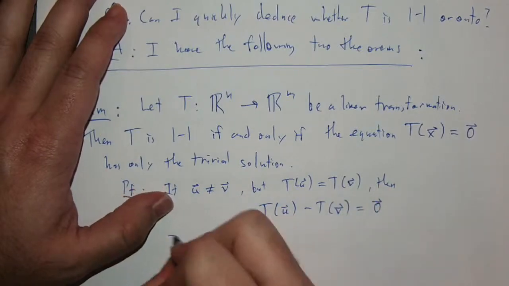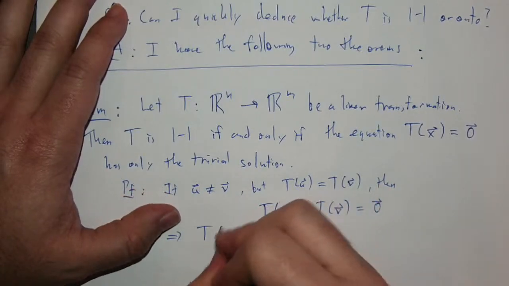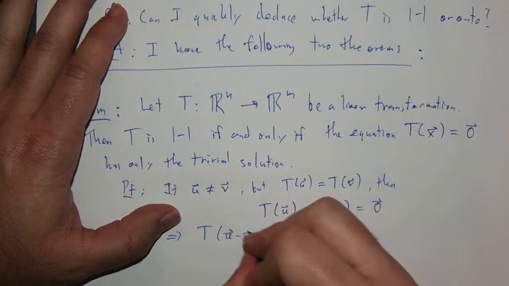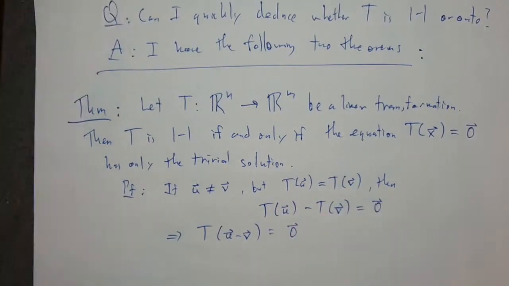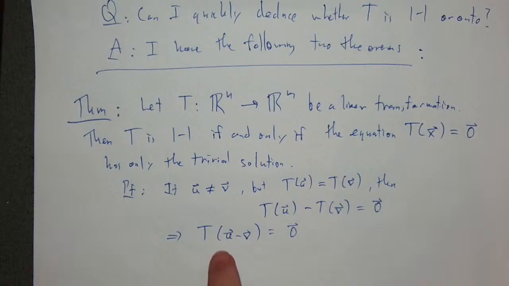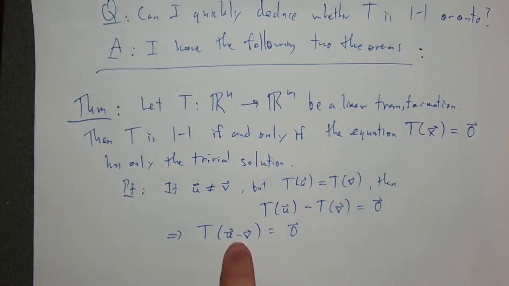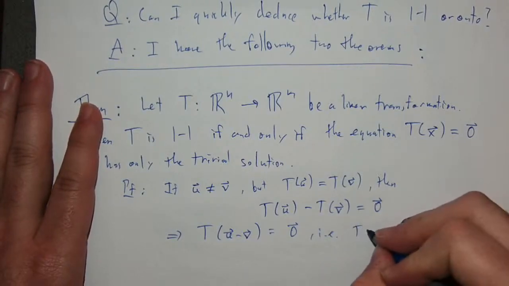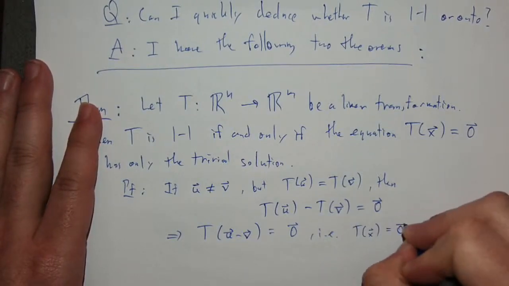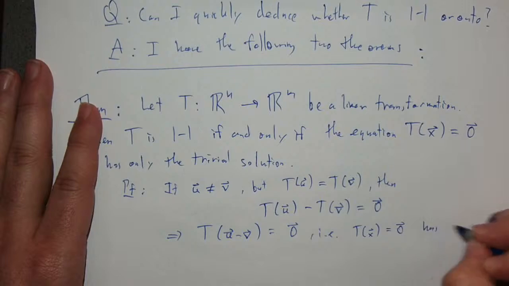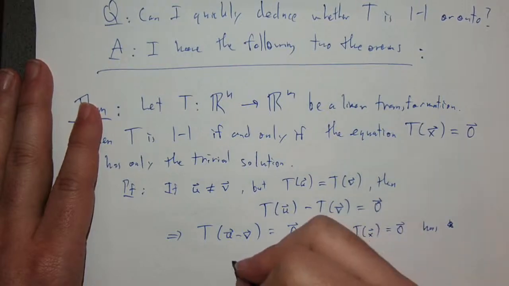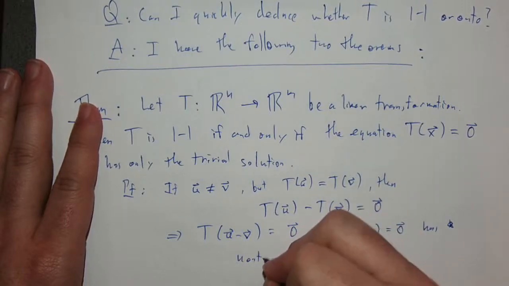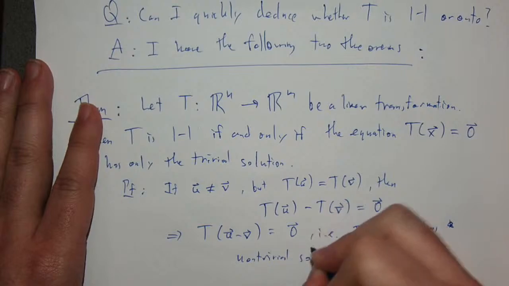Using the fact that T is linear, this means that T of (u minus v) is equal to the 0 vector. And so this has a non-trivial solution, right? I.e., T of x equals 0 has a non-trivial solution.